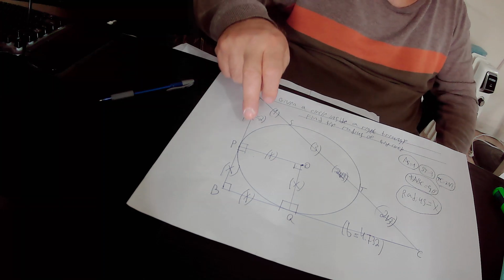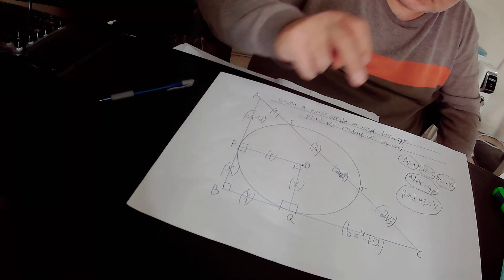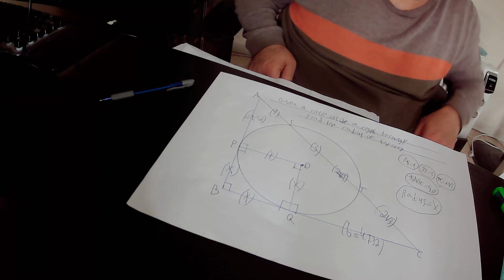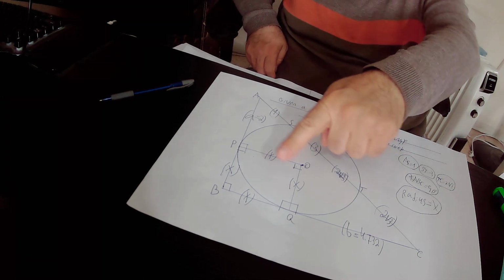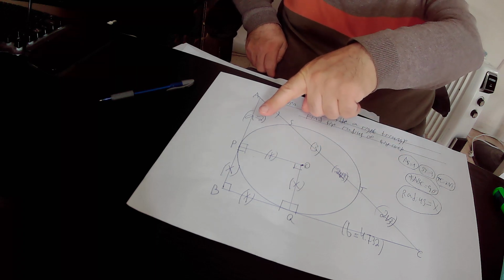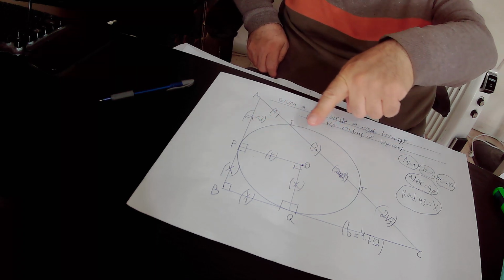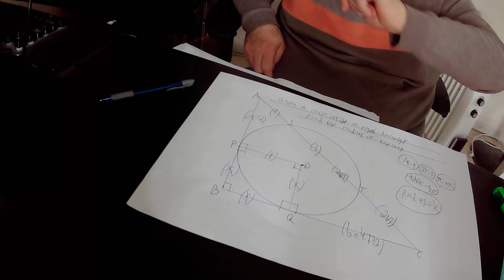So we treat this quadrilateral POBQ as a rectangle. And we know that the opposite sides of a rectangle are equal to each other. So in rectangle POBQ, side PO must be equal to the opposite side BQ.